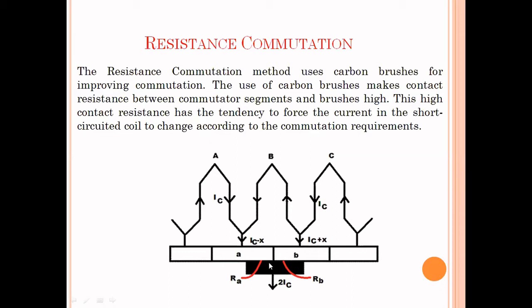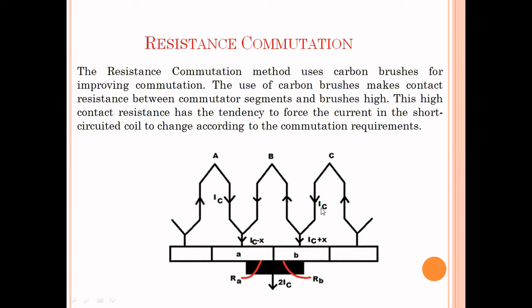Now, if you use copper brushes, that is, if the brush material is copper, we know that copper is a highly conducting material. So whenever the current IC flows, maximum current flows through commutator segment B and through the brush, because this is the smallest path, and current always chooses the smallest path.